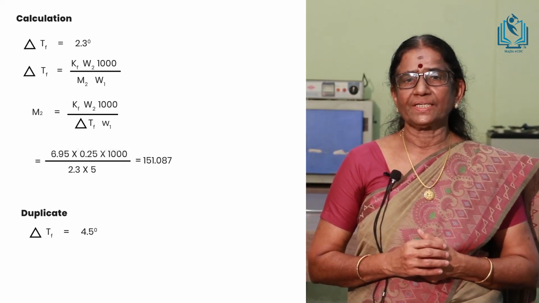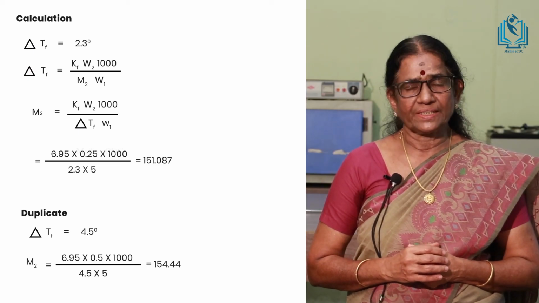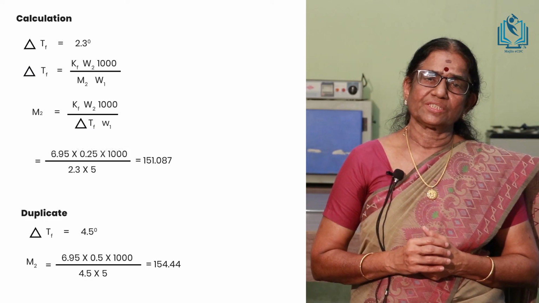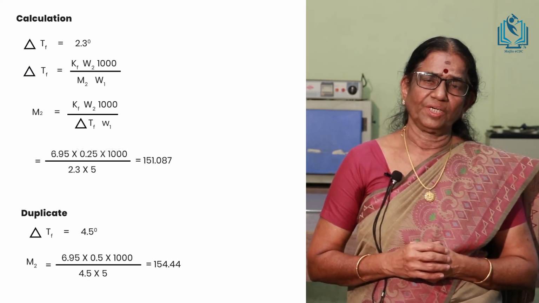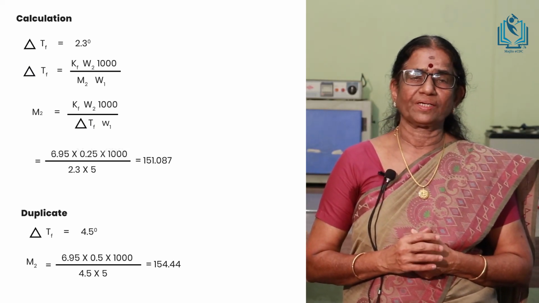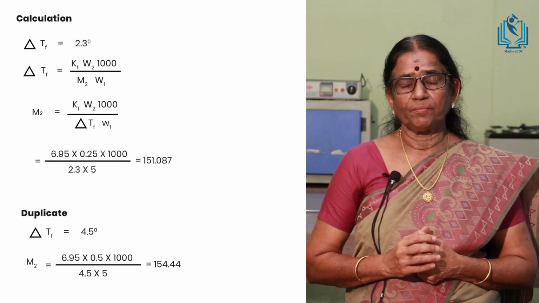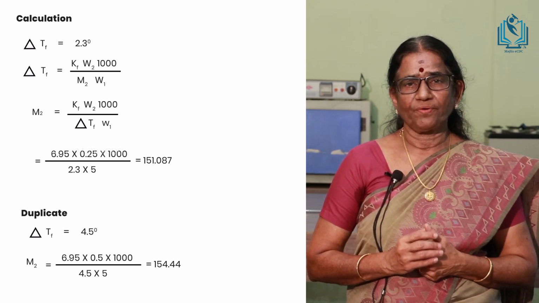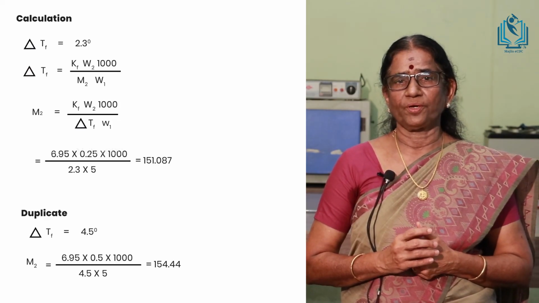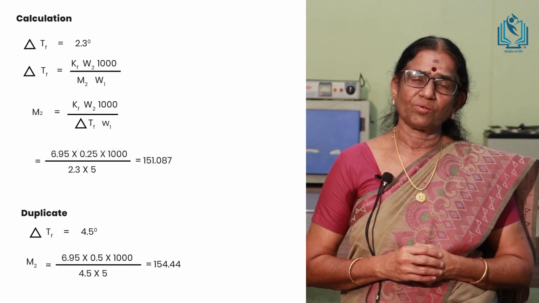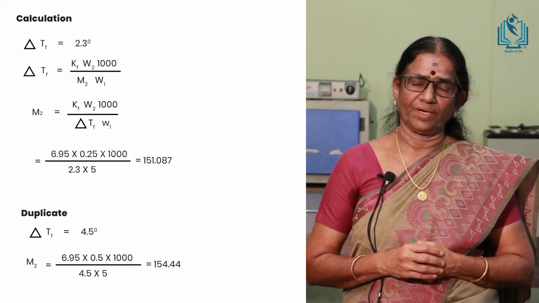Then in the duplicate, we are getting the delta TF value as 4.5. Then substitute 4.5 in place of delta TF and you can calculate the molecular weight again. And here the difference is the W2 is 0.5. That is the weight of the solute is 0.5. We have added 2 times 0.25 gram. So, totally the weight will be 0.5 gram.